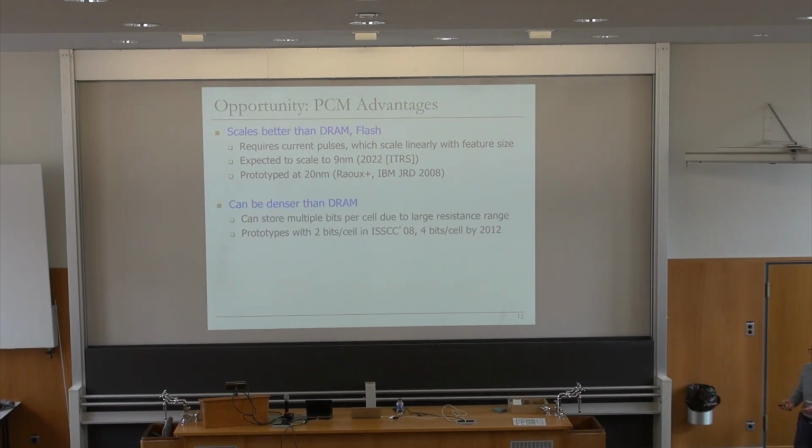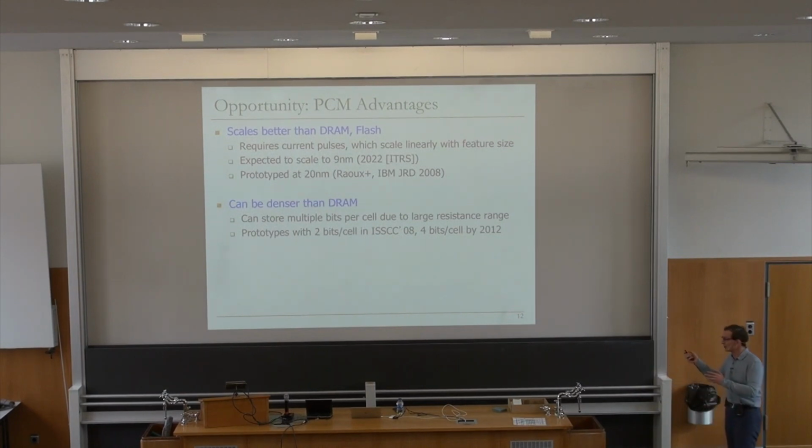There's another benefit from phase change memory in terms of density. This can be denser than DRAM, not only because it can scale better, but also because you can store multiple bits per cell because you have a very large resistance range. People prototyped this memory as early as 2008 with 2 bits per cell.